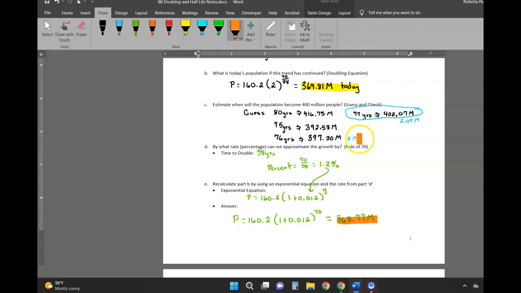And then we did a calculation, 70 divided by 58. We rounded this percent, so this answer has actually been rounded once already. So that's why the 368.77 million is a little less accurate than the 369, just based on how the question was written.